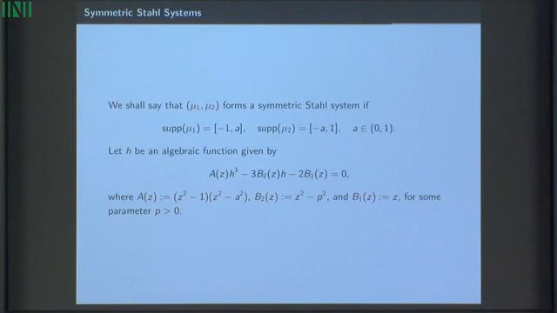So let's consider the following system that we call the Stahl system. Angelesco is disjoint, Nikishin coincide. Here you have overlapping supports of the measures of orthogonality. So mu1 is supported on [-1, a], and mu2 is supported on [-a, 1].